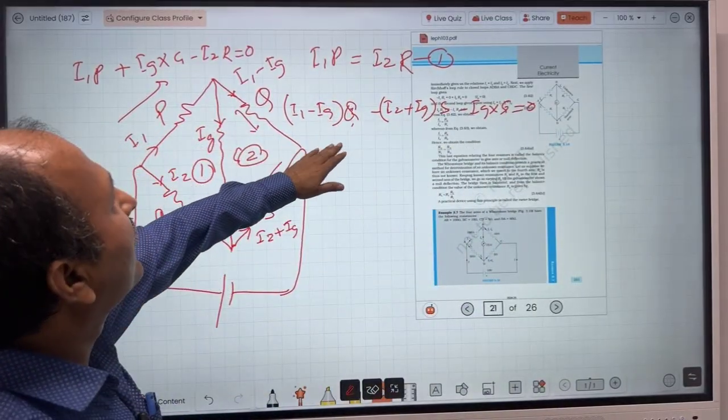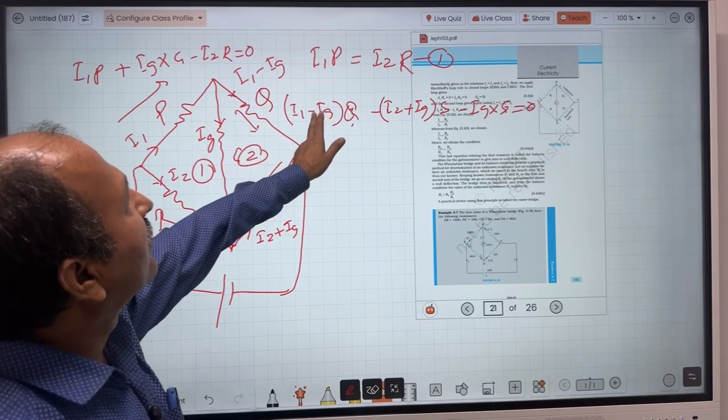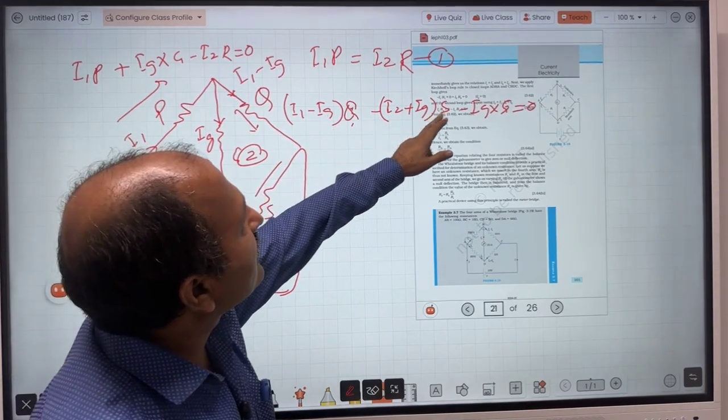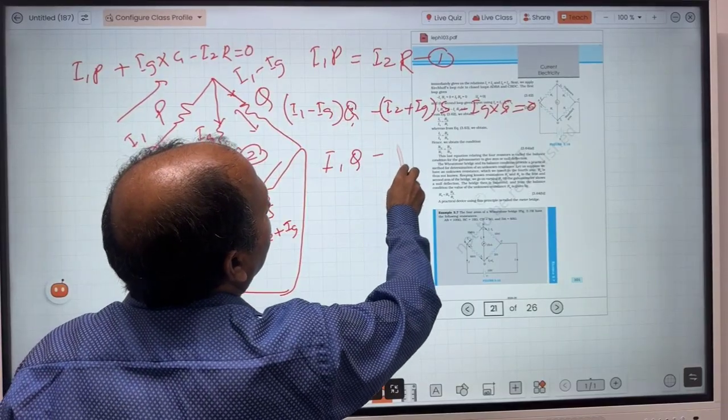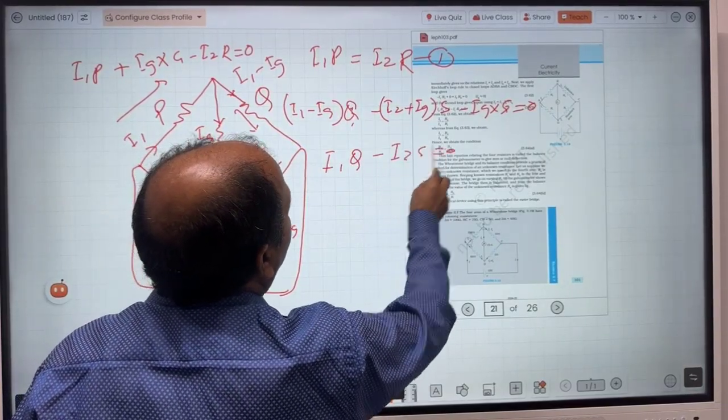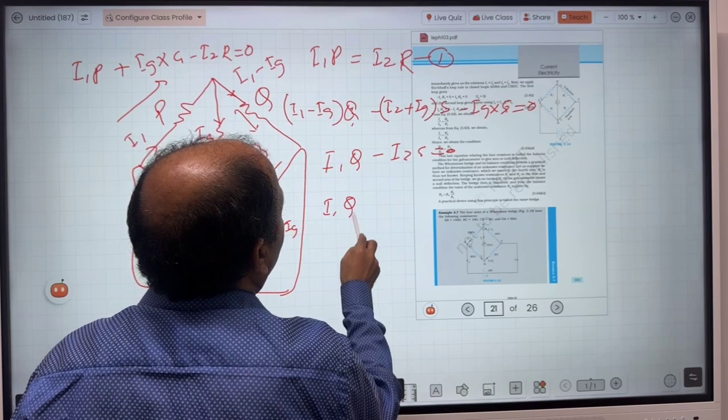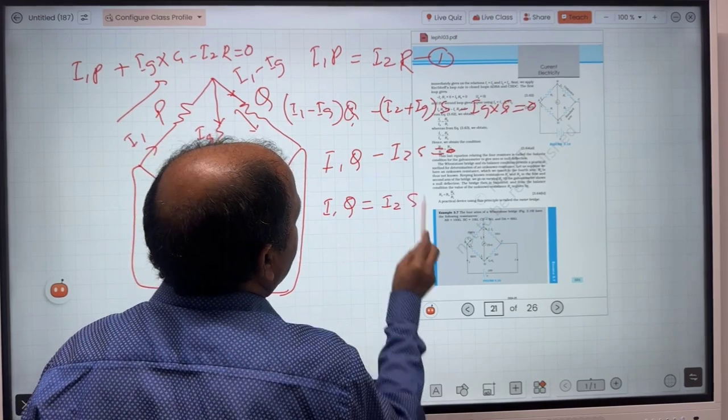Again, the same condition we apply: Ig equals 0. So this term will vanish, this term will vanish, and this term will vanish. We will be left with I1Q minus I2S equal to 0, or I1Q equal to I2S.